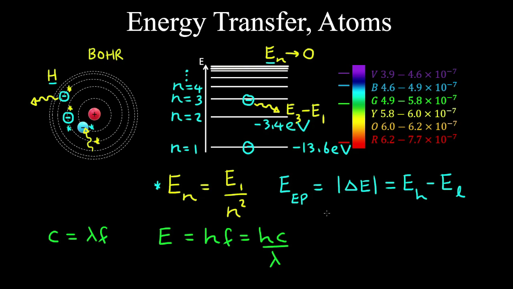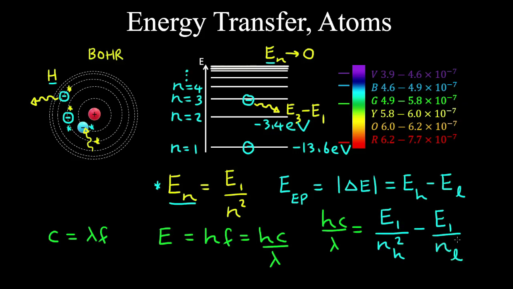So on the left hand side, we have hc on lambda, and on the right hand side, we have the energy of the higher energy state being equal to the energy of the ground state divided by the index of the higher energy state squared. And the energy of the lower state is E1 on the index of the lower energy state squared.